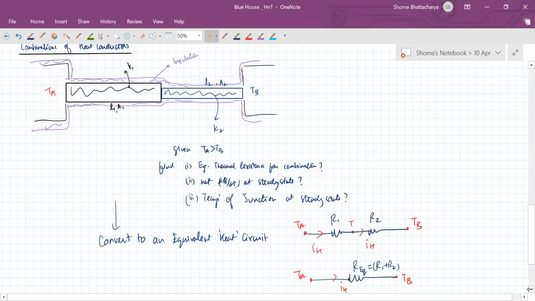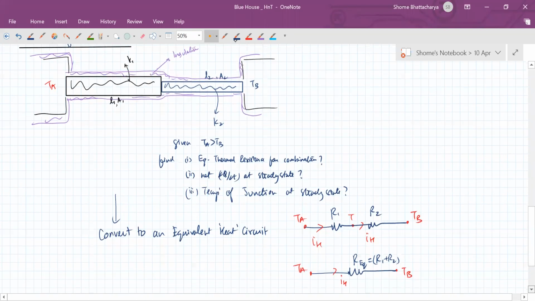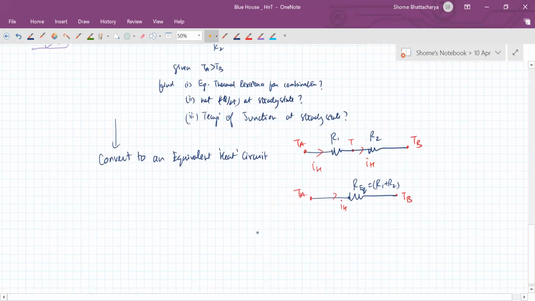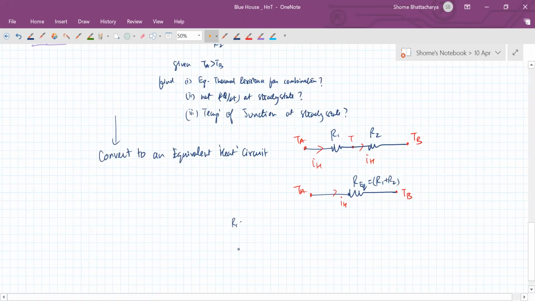Now we can just apply the formula. R1 is L1 upon K1A1, R2 is L2 upon K2A2. So the equivalent thermal resistance will be R1 plus R2 because it's a series combination, given by this formula.